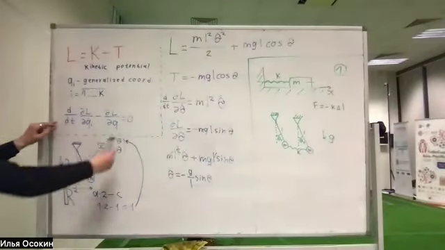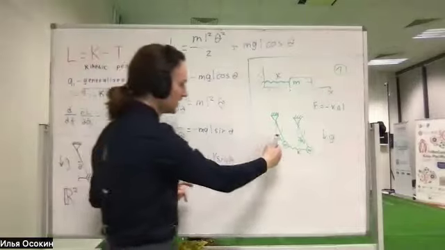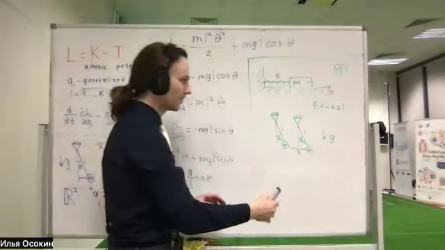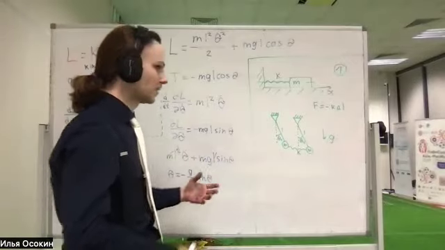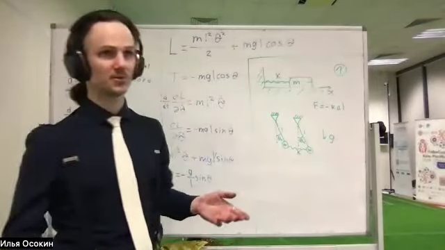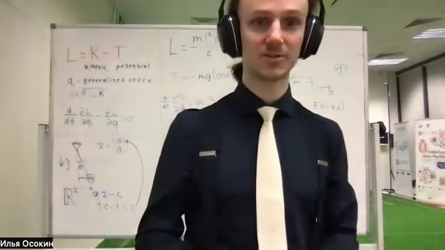You will have to write down this thing for q1 and q2, for theta 1 and theta 2 basically. But the rest of the logic is the same. And the problem will be solved when you get two differential equations for the angles.